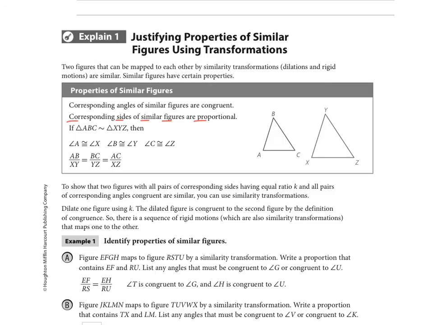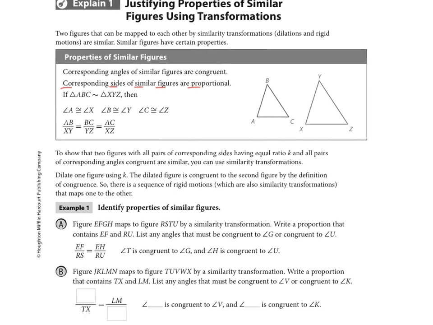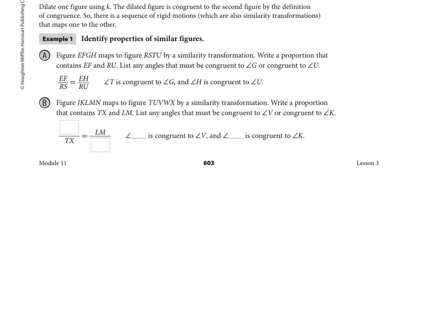So again, we're going to try to fill in the missing parts of the proportion. Let's just skip down to B, and I'll show you how that's done really easily. It says in example 1, we're identifying what the properties of similar figures are, and we're kind of filling in the blanks here.